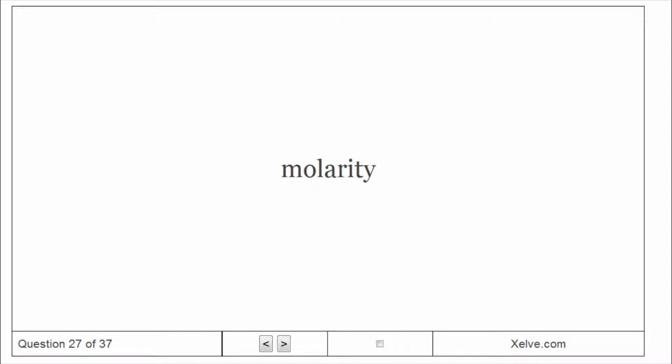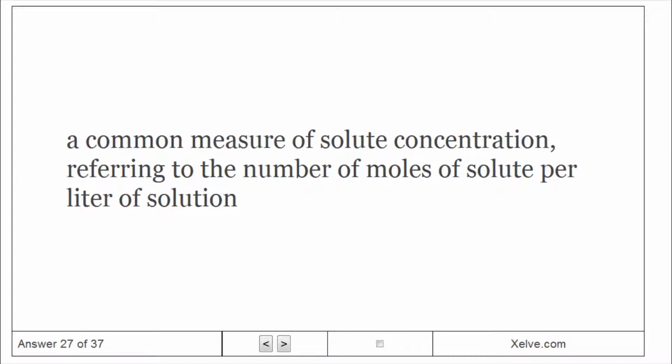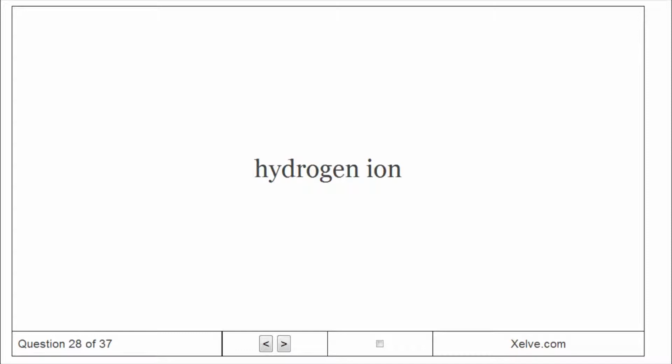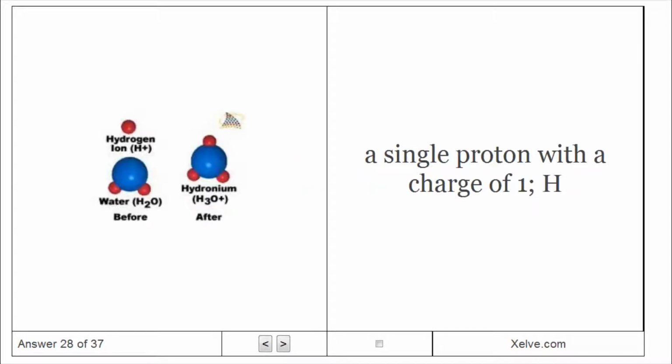Molarity. A common measure of solute concentration, referring to the number of moles of solute per liter of solution. Hydrogen ion. A single proton with a charge of 1+, H+.